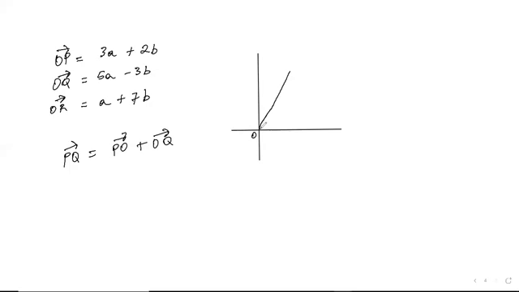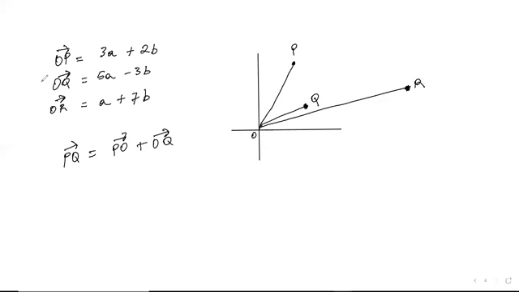All of them start from the origin. So this is OP. Let's say this is Q. Let's say the other one is R, we're just assuming something.